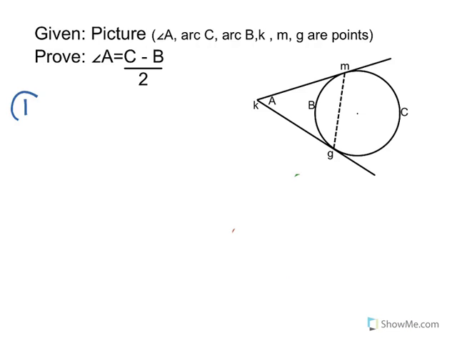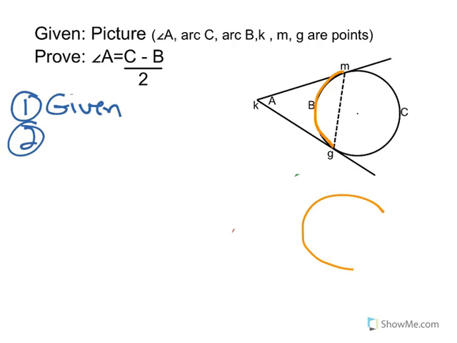So let's start with our given, like always. All right, and now let's see what kind of information we have. We have an angle A, we have arc C, arc B, and then K, M, and G are all points. So let's look at this. If arc B, if you take that outside of the picture, this arc is an inscribed angle to where point G was.